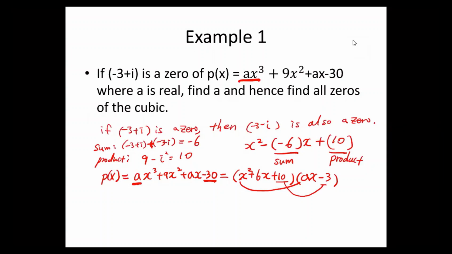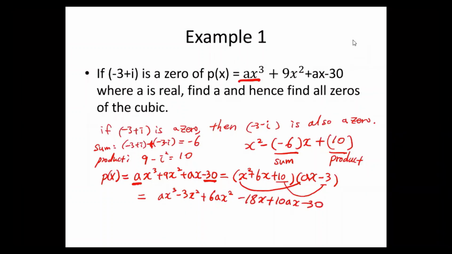Okay? Well, now what you're going to use is equality of polynomials. I just emphasized before in the summary that you are going to have to compare the left-hand side to the right-hand side to solve problems. What I am going to do is expand this to compare to the left-hand side. So ax cubed minus 3x squared plus 6ax squared minus 18x plus 10ax minus 30.